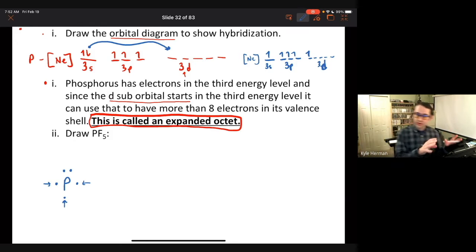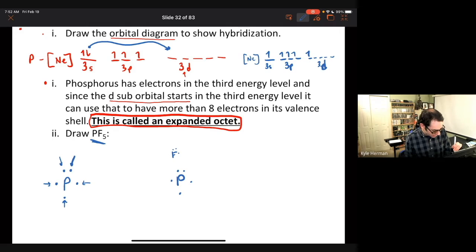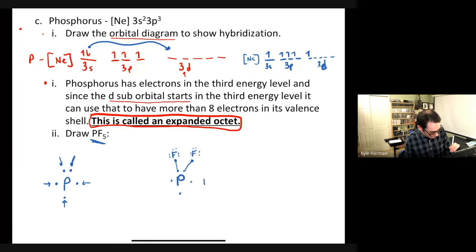The weird thing here is you can do this expanded octet with phosphorus, and you can actually bond to these ones as well. So this PF5 would be P with those 5 electrons around it, and you have a fluorine attached to some unexpected spots, like here, here, and then around it. And these are the expected ones.